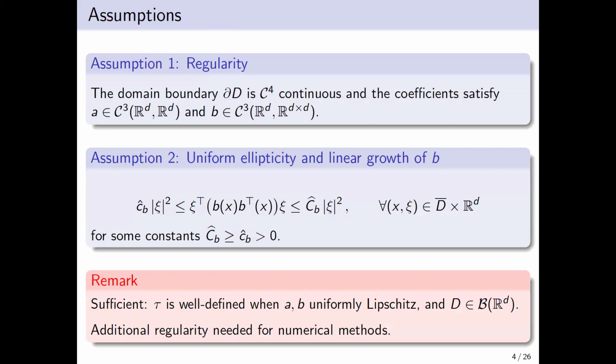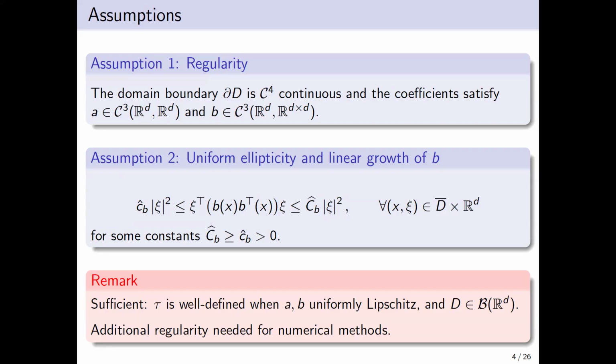I will not say much about the regularity, but let me just mention it right away. We assume that our boundary is C^4, and we have C^3 regularity constraints on our coefficients. We also have a uniform ellipticity constraint on the diffusion coefficient, this lower bound here.